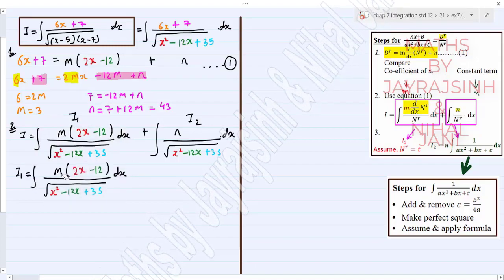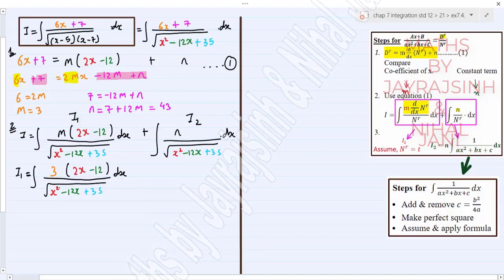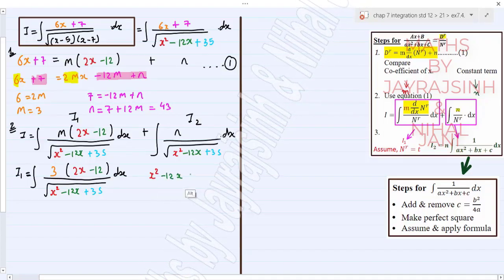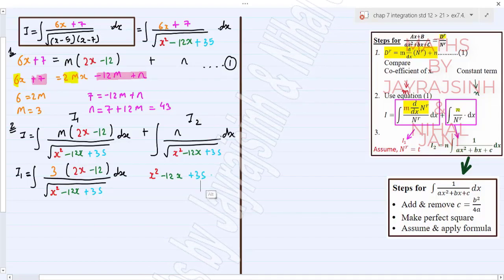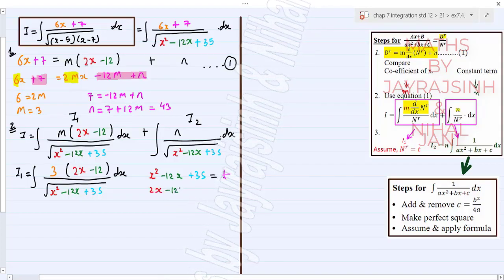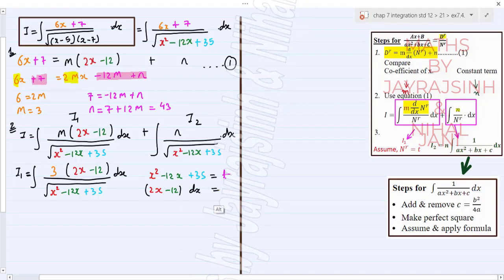Now here the value of m is 3, and to integrate this term, we have to assume our denominator is equal to t, or we can say x square minus 12x plus 35 is equal to t. So if we differentiate both the sides, we will get 2x minus 12 dx is equal to dt.